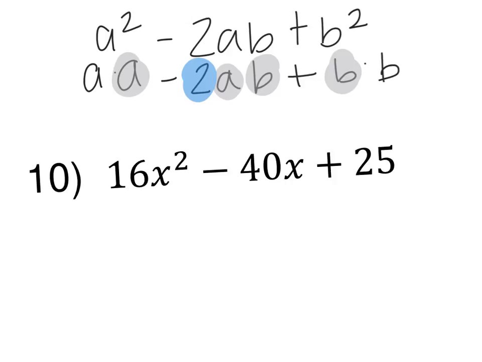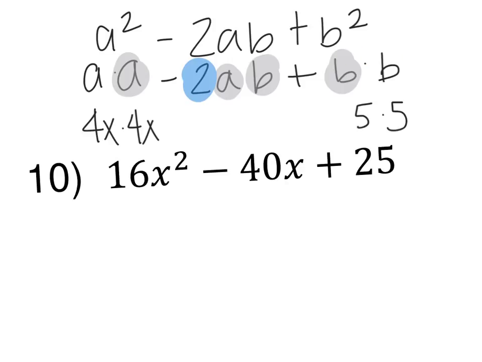So let's see if 16x squared minus 40x plus 25 can be written like that. Well, 16x squared, that'd be 4x times 4x. Well, that works because a times a should be something multiplied by itself, and 4x times 4x gives me 16x squared. 25 is 5 times 5.